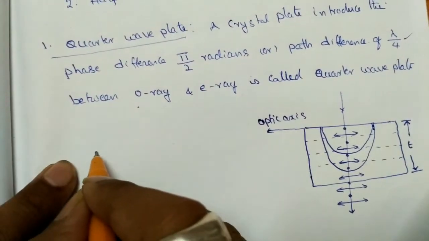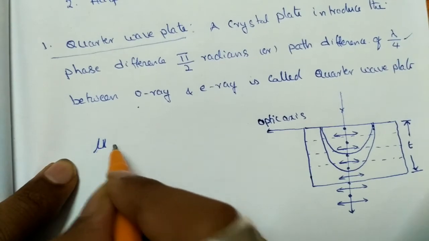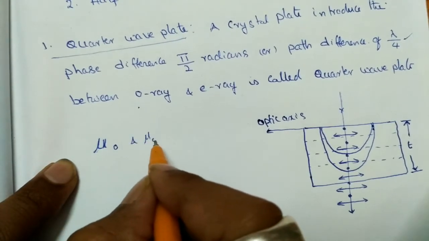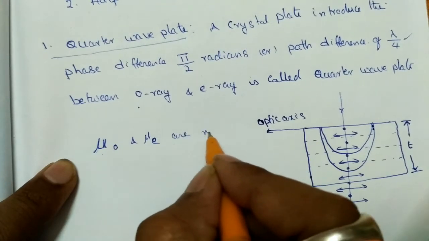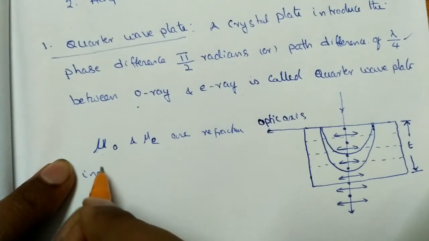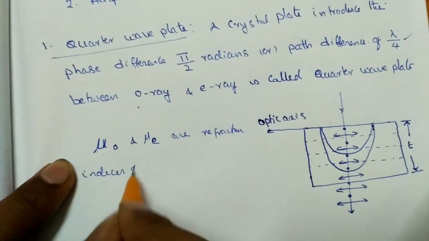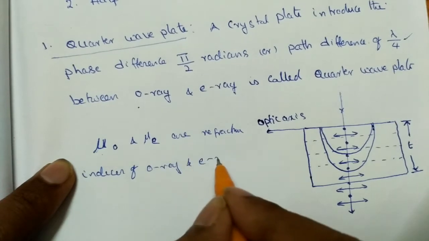Suppose mu O and mu E are the refractive indices of the O ray and E ray.